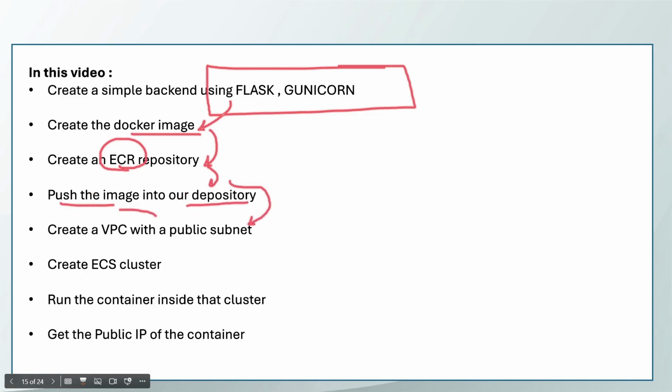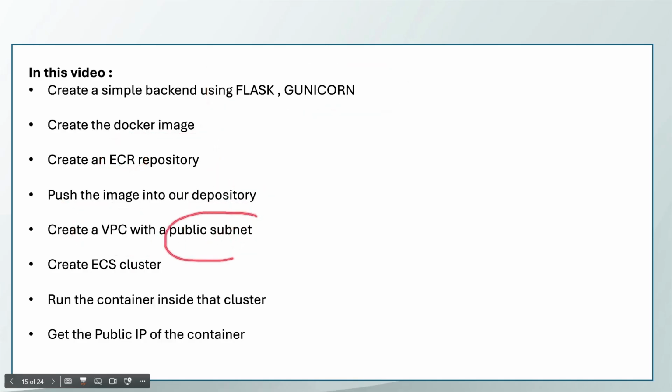Then we're going to create the VPC, the network, create the public subnet, and then we're going to give public access to the services deployed inside of it, which is for us the ECS.